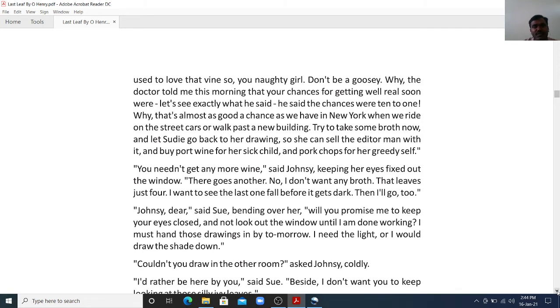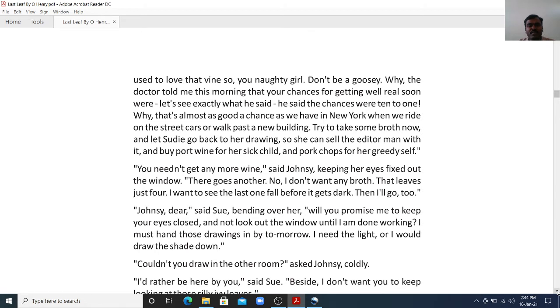Why, the doctor told me this morning that your chances for getting well real soon were good. So the doctor was telling that you are going to get well. Let us see exactly what he said. He said the chances were ten to one. So out of ten chances, you have one chance of living.